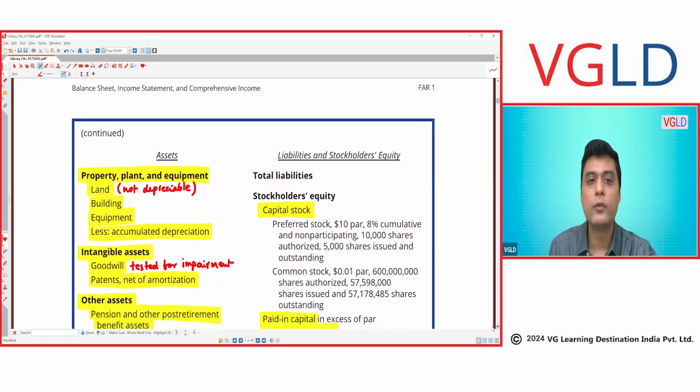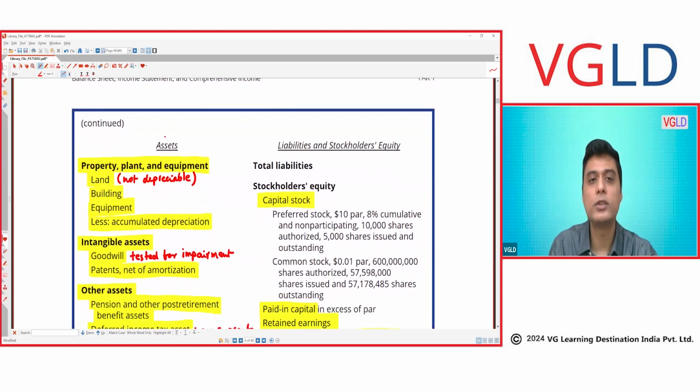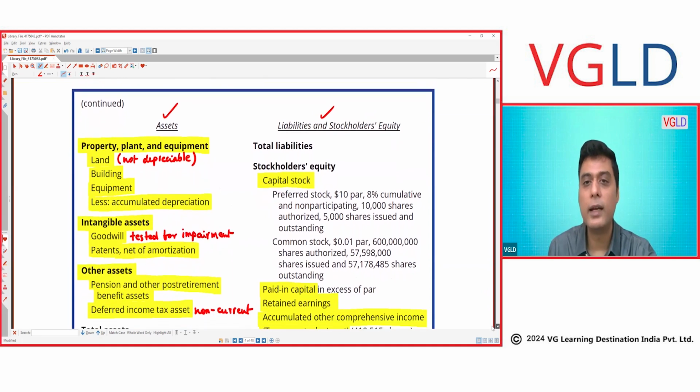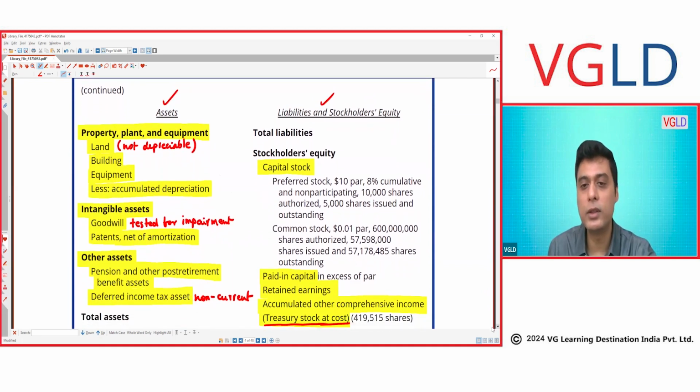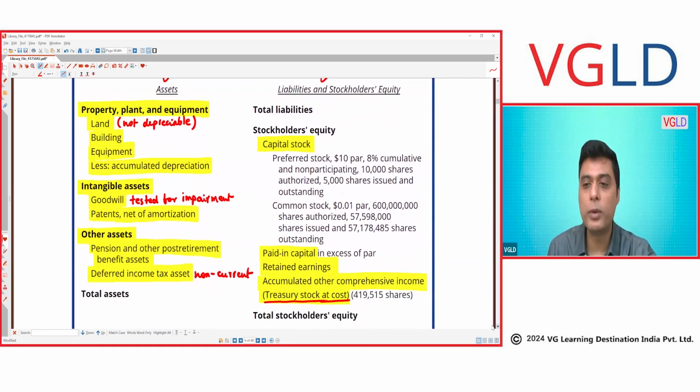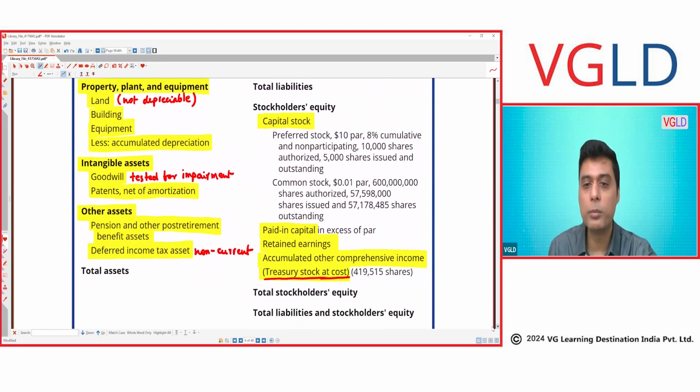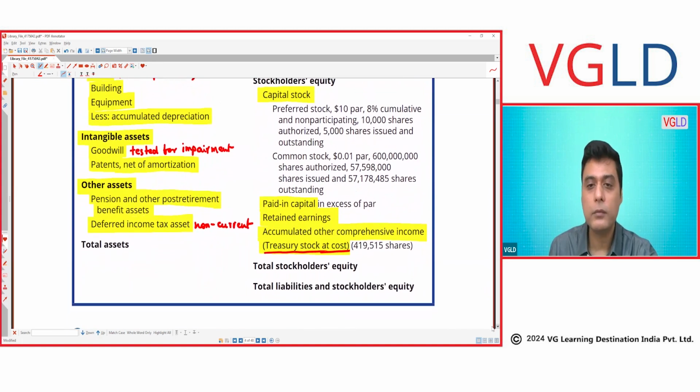And of course, also the order here, assets are on the left, liabilities are on the right, etc. I'm not going to go into differences between US GAAP and IFRS because that's not part of your syllabus. But I'm just giving you some food for thought that, along with the preparation for the CPA exam, you're also preparing for your next upcoming interview in a US company, right?